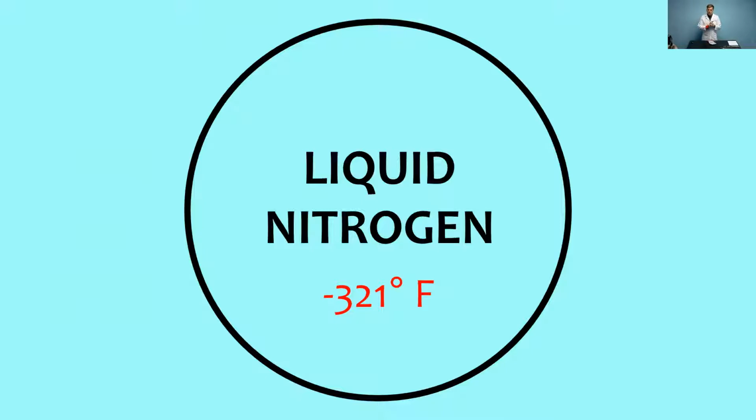Liquid nitrogen is extremely cold and dangerous to the touch. However, nitrogen itself is, again, 78% of the air that we breathe. So we do have to wear gloves to make sure that we use precaution.